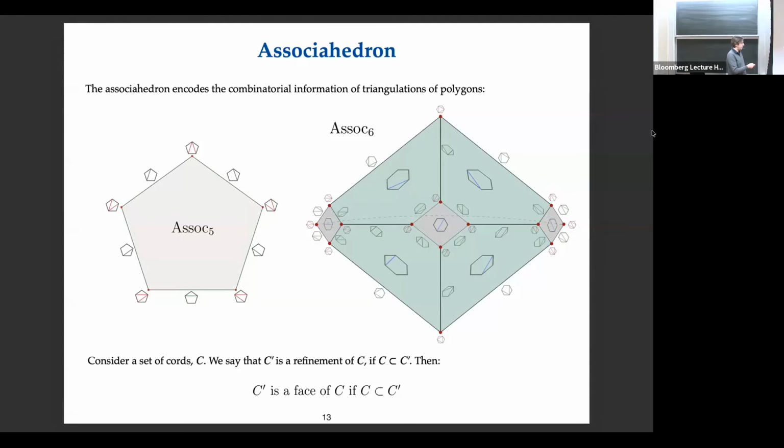And the terminology is the following. For example, these pentagons, we call them facets. The edges are codimension 1 faces, the edges are codimension 2 faces, and the vertices codimension 3 faces. As you go in higher dimensions, there'll be higher codimension faces.